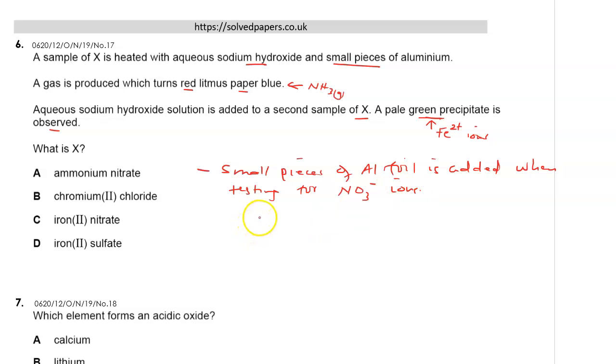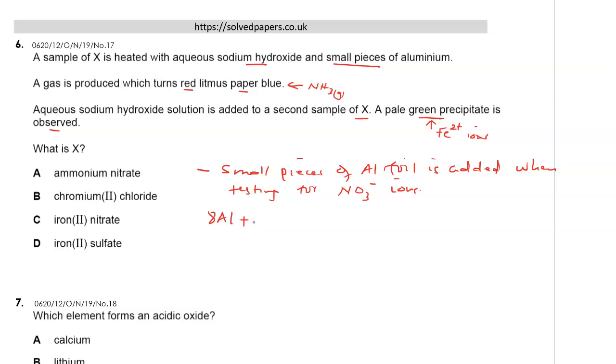When you are testing for nitrate ions, you add a small piece of aluminium, and basically that converts the nitrates to ammonia gas, which turns red litmus paper blue.